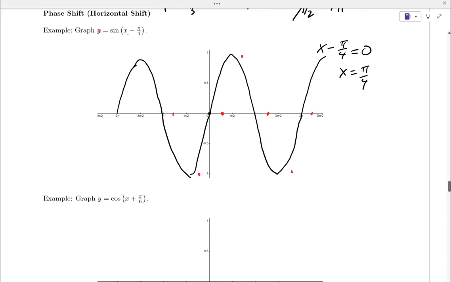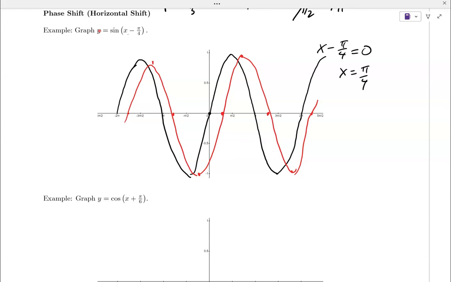Likewise here and here and here and here. Like so, that red one. And that would be our final graph then. That okay?